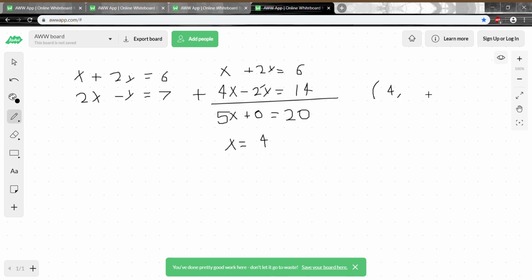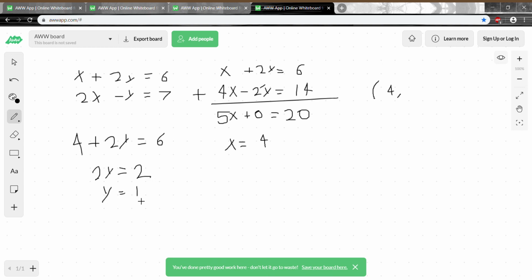And to find our y coordinate, we just have to go back to one of these equations and plug 4 in. So let's say for this one right here, we plug 4 into x. We subtract 4 from both sides. Let's just write it out for clarity. We plug 4 in for x. We subtract 4 from both sides. We divide both sides by 2.